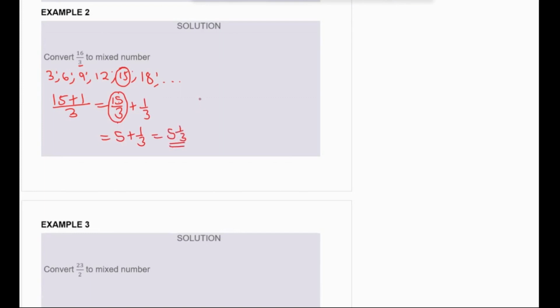The faster method: you can say 16 divided by 3, 3 into 16 is 5, remainder 1. The remainder becomes our numerator, and our denominator is 3. Then we have 5 and 1/3.